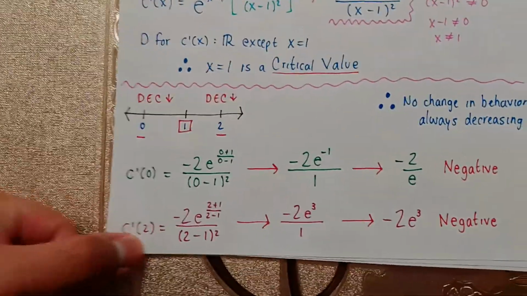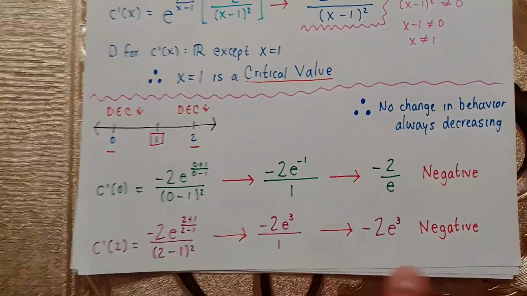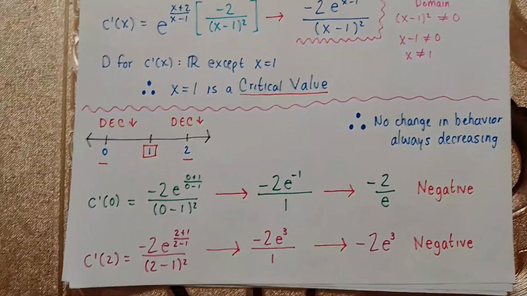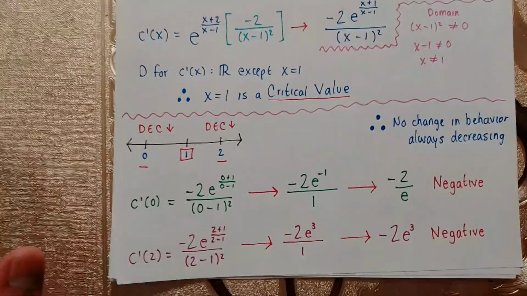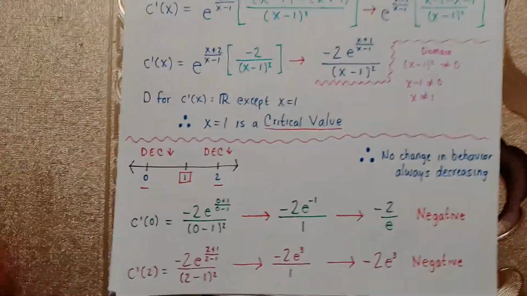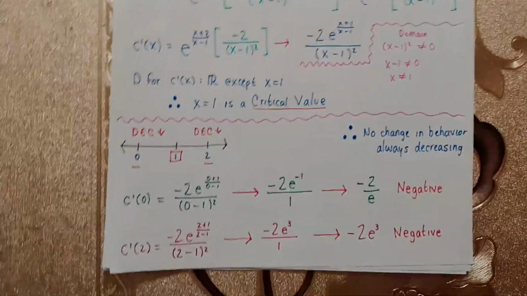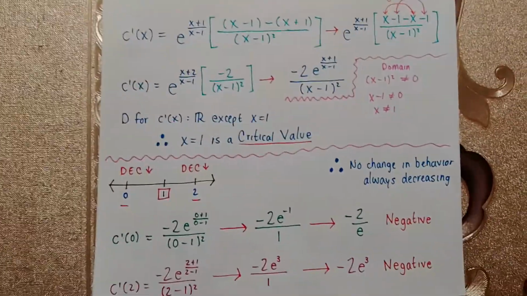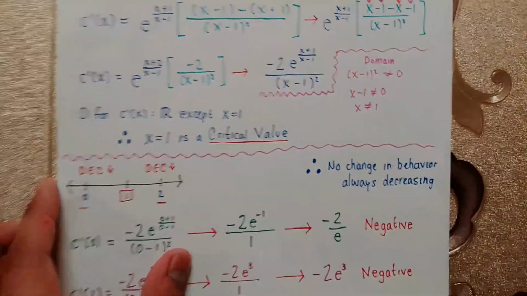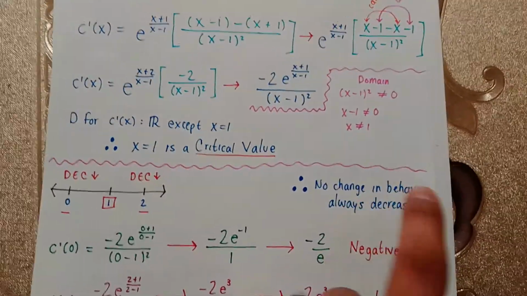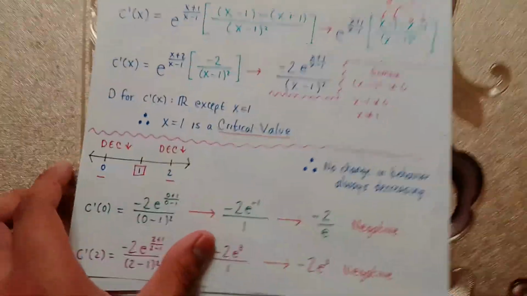For the value of 2, we set it up, we solve it, we also get a negative value and it's also decreasing. Since there's no change in behavior, this is not really an inflection point. It is just an important point to keep in mind, but it's not really a critical value. We're gonna see later on why. So there's no change in behavior, it's always decreasing.